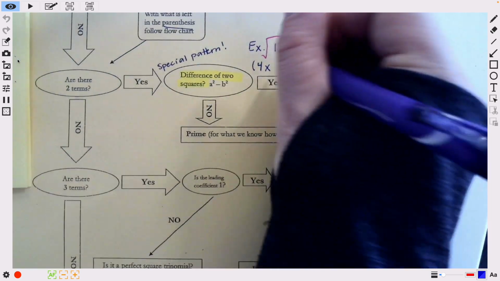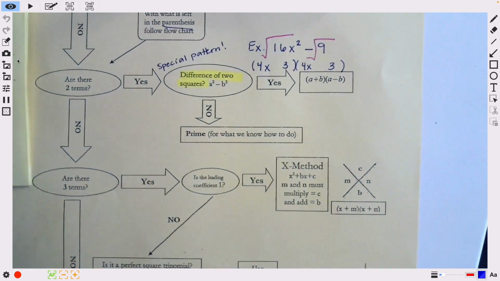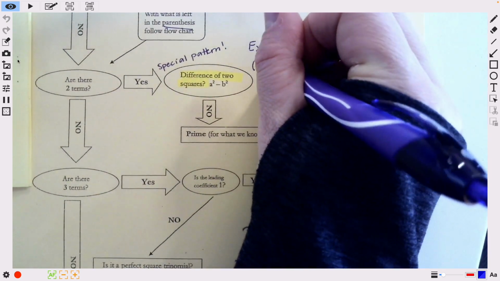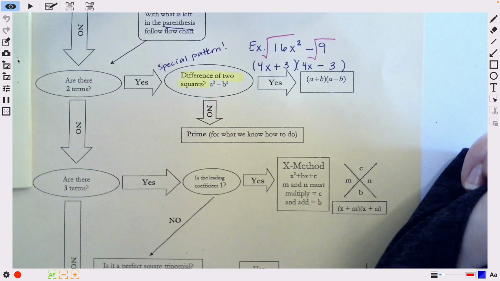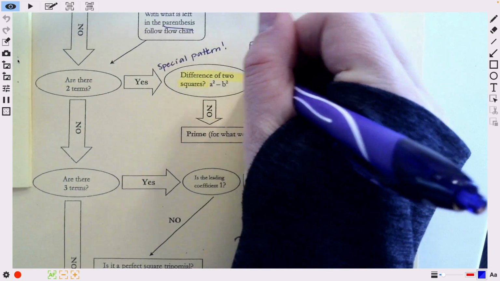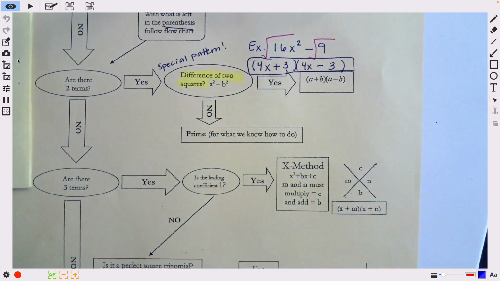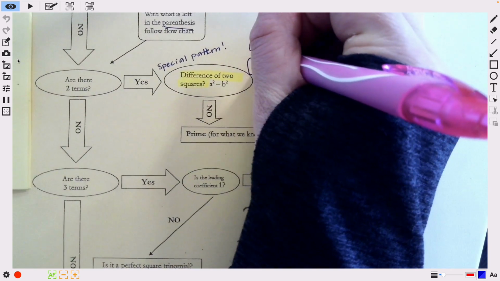The square root of 9 is 3. One factors plus, one factors minus, and that is your answer. I did not space that out very well at all, and I apologize.